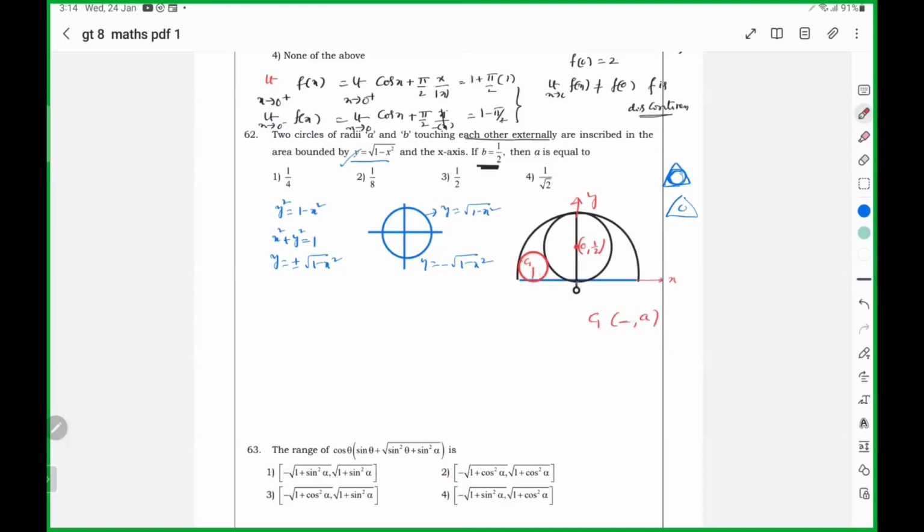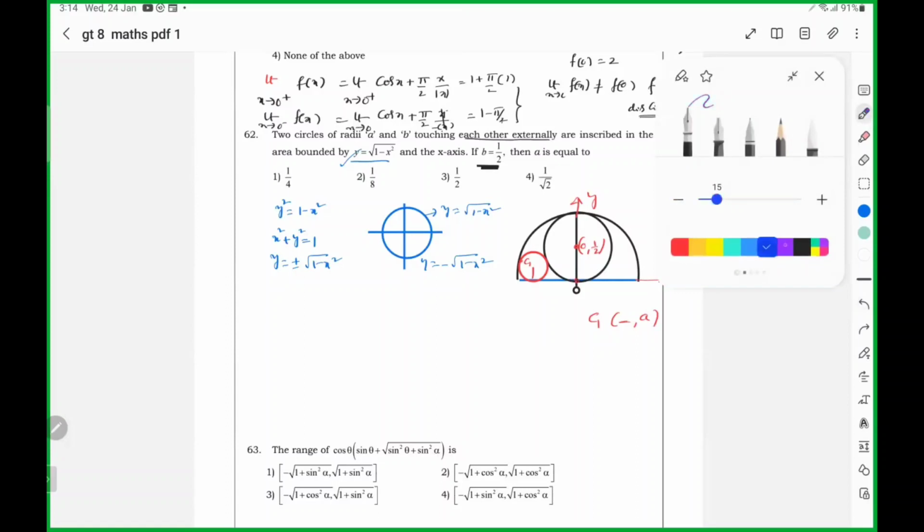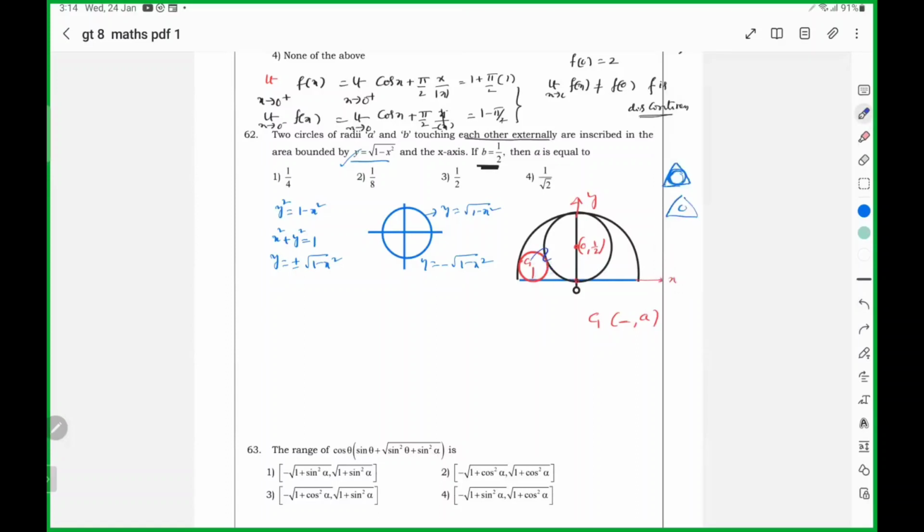Since it is the bigger circle which we have taken, this radius is 1 unit, right?